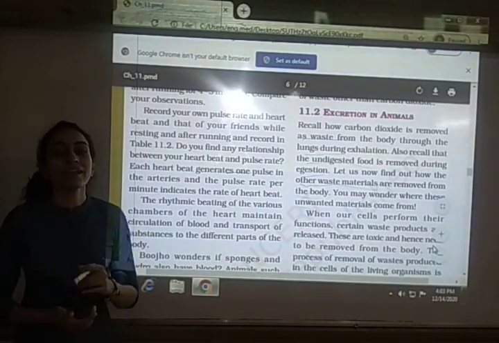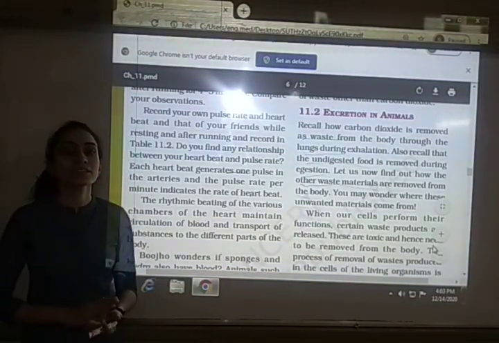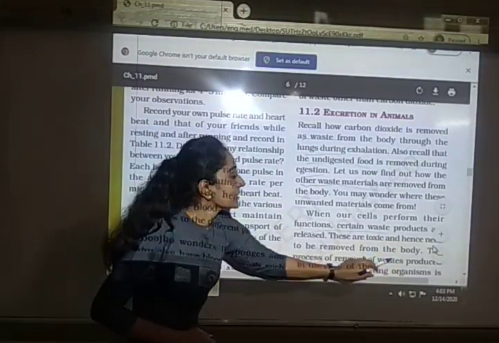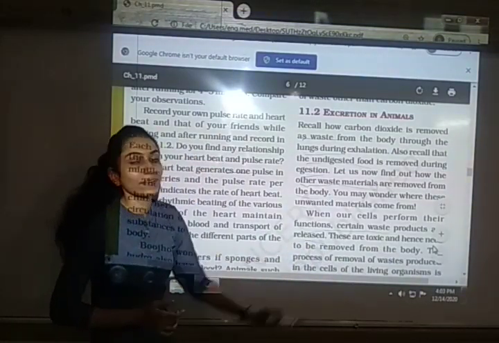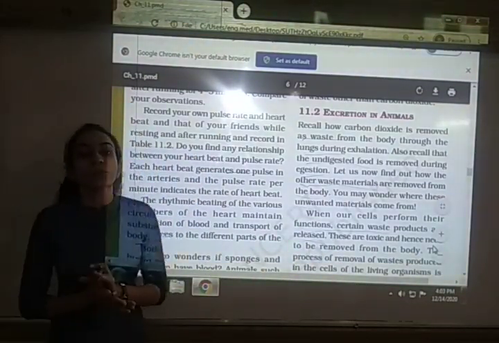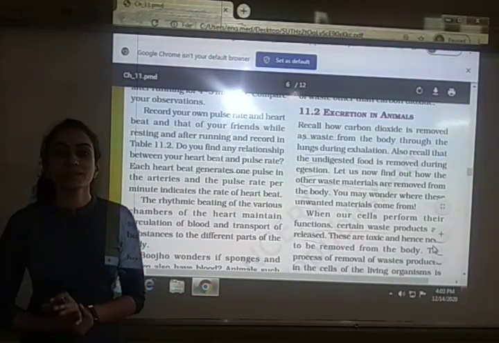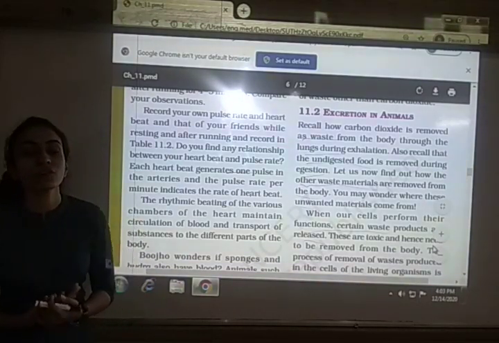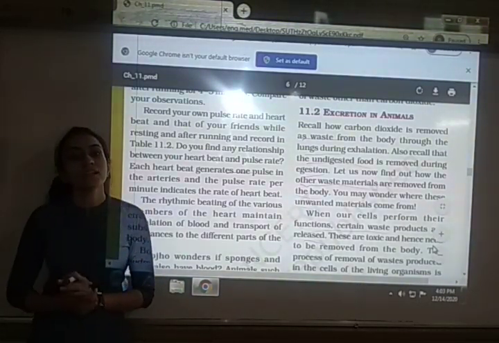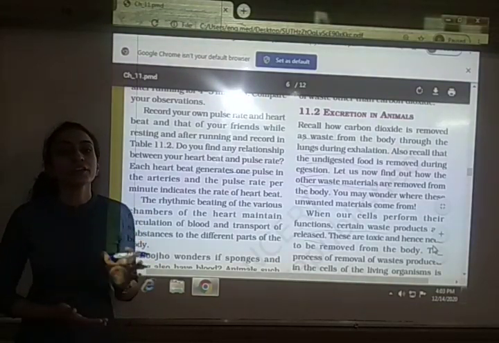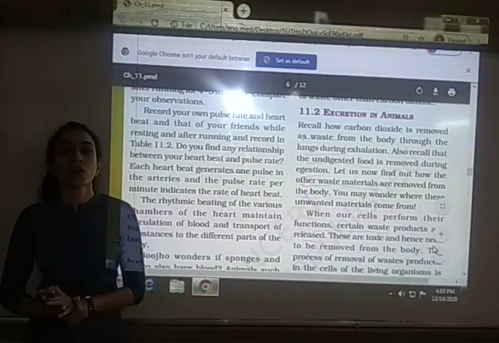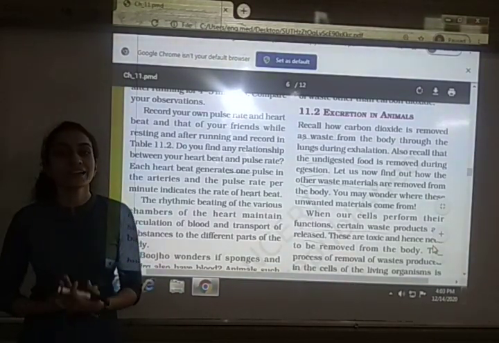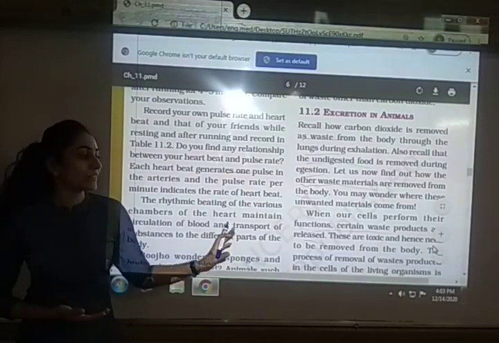When our cells perform their functions, certain waste products are released, like the breakdown of energy and other metabolic processes, that is, life-sustaining processes like the growth of proteins, lipids, nucleic acids.